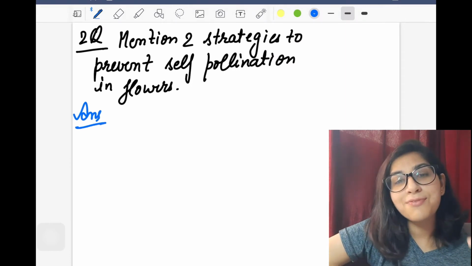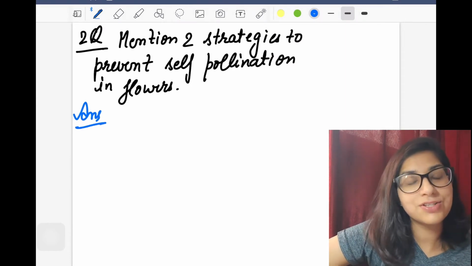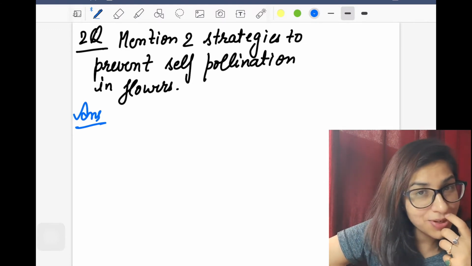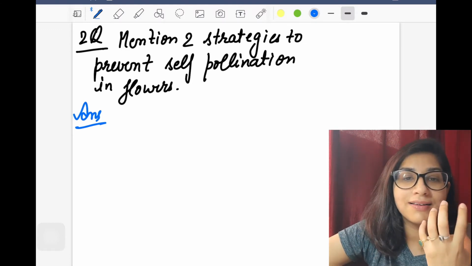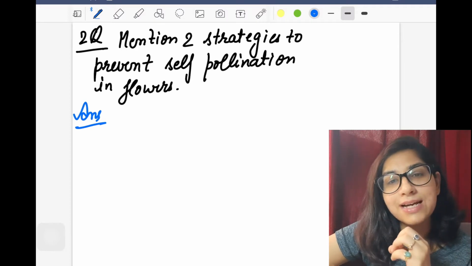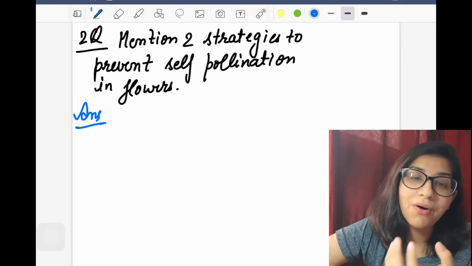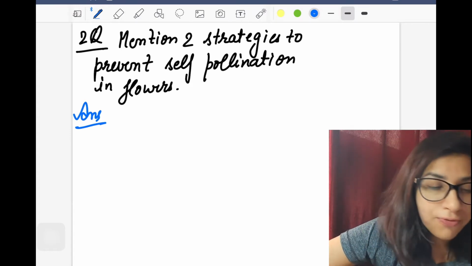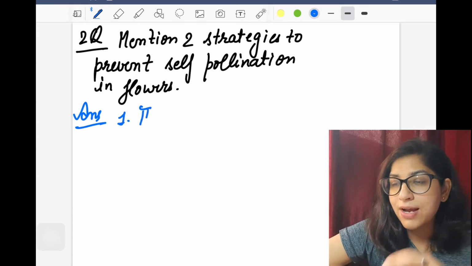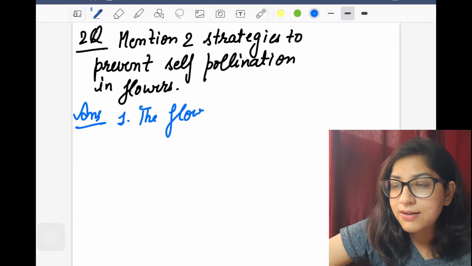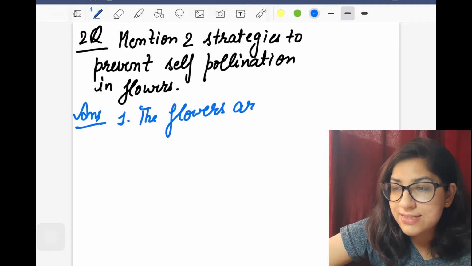First thing, if the flower is unisexual, meaning the male and female sex organs are separate, there is no chance of self-pollination. So first you can write down that the flowers are unisexual.